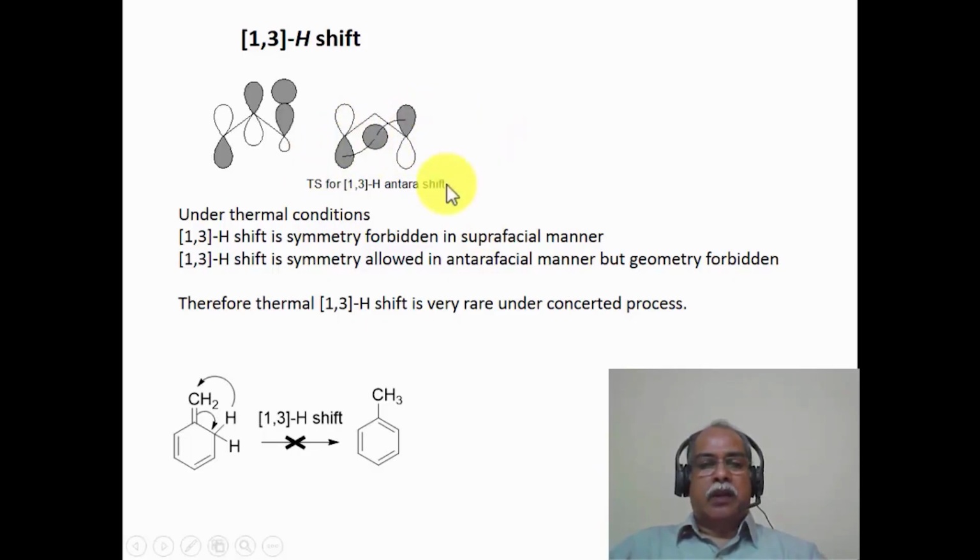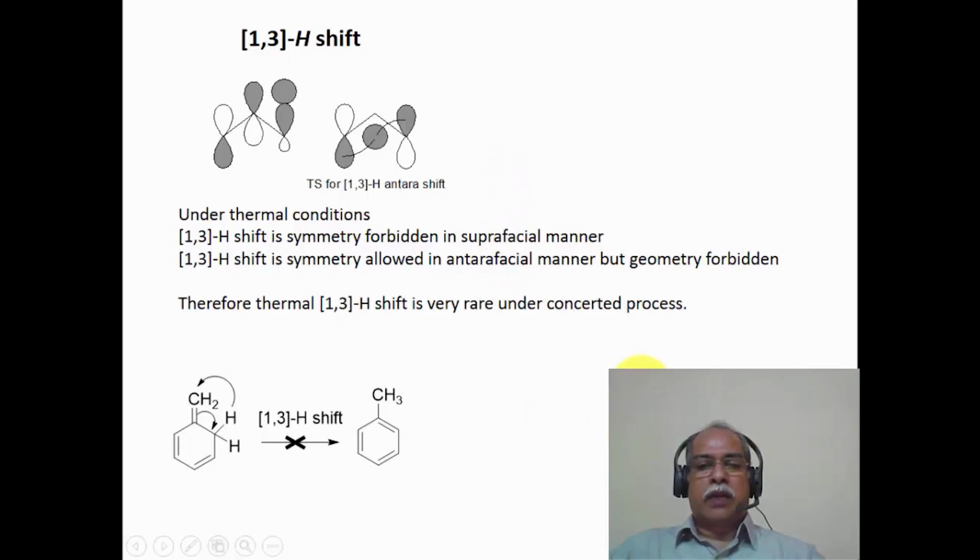So as a result, although the Woodward-Hoffmann rule allows the migration in the antarafacial manner, geometry is forbidding the reaction, because effective overlap between carbon 1 and 3 in an antarafacial migration by a 1s electron density of the hydrogen is nearly impossible.